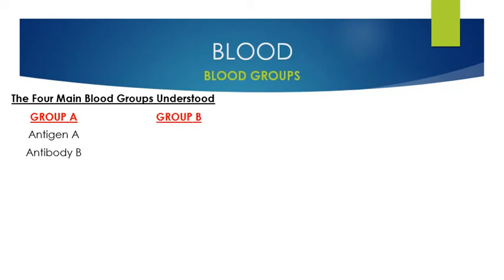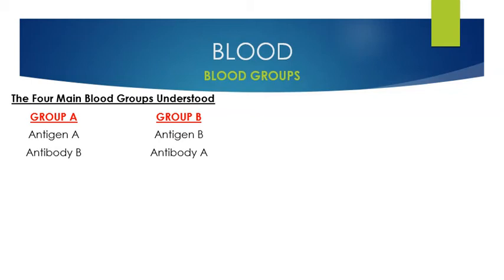So we're going to look at group B now. In group B, we've got antigen B, while we've got antibody A. So antigen B and antibody A. I hope you can see that the name of the group simply gives us the type of antigen found in that group.